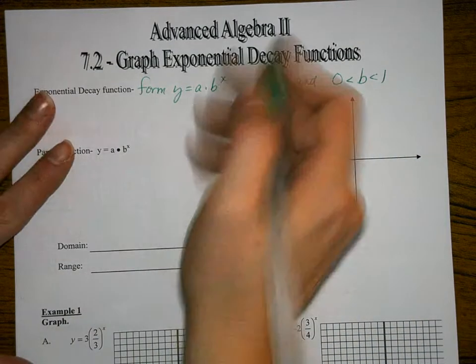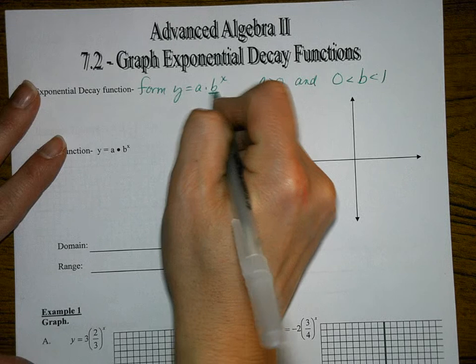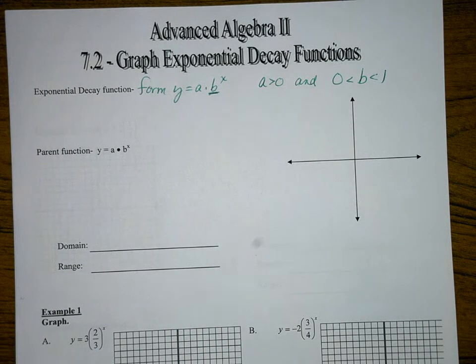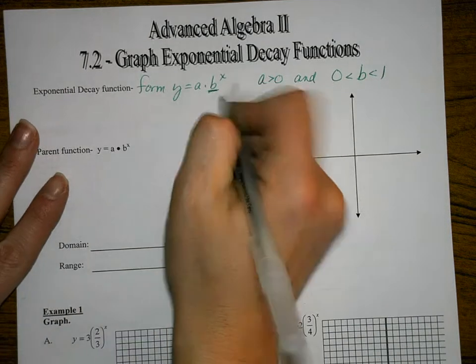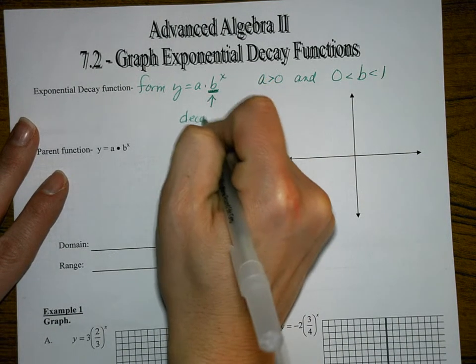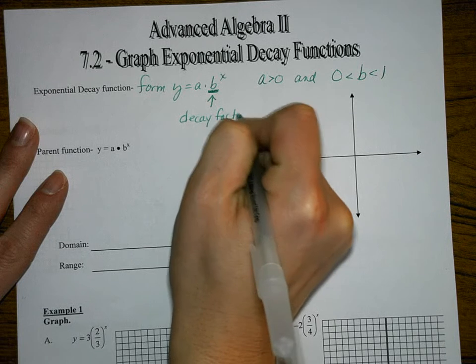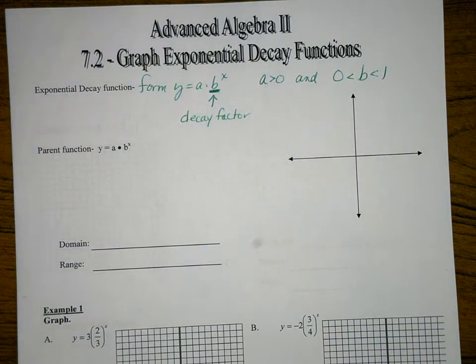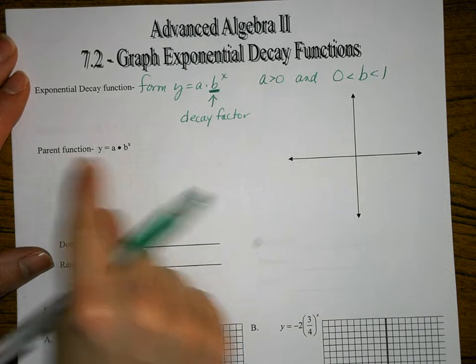So my b values today are going to be like a half, or a third, or 3/4, or 0.8. They're going to be somewhere between 0 and 1 to be an exponential decay function. Now, when it's an exponential decay function, that b value is called the decay factor.